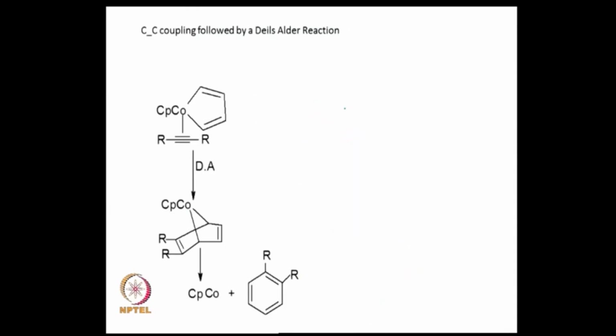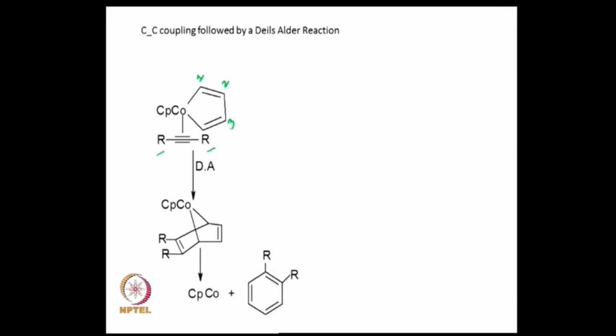The same reaction could be described as a Diels-Alder reaction, and when you have very electron withdrawing groups, when R is very electron withdrawing, then you end up with a Diels-Alder type of reaction. And in this case also it is important to understand the 4 carbon atoms which form the diene.